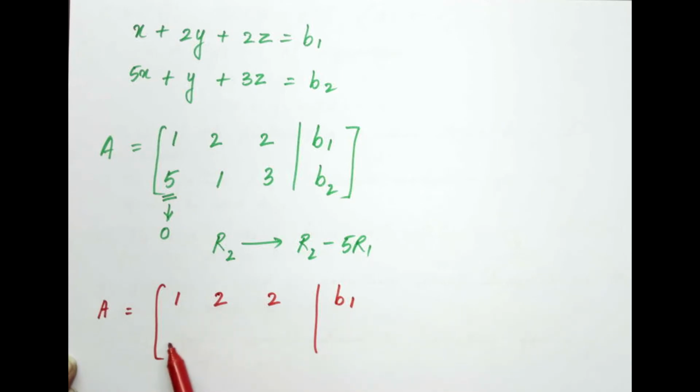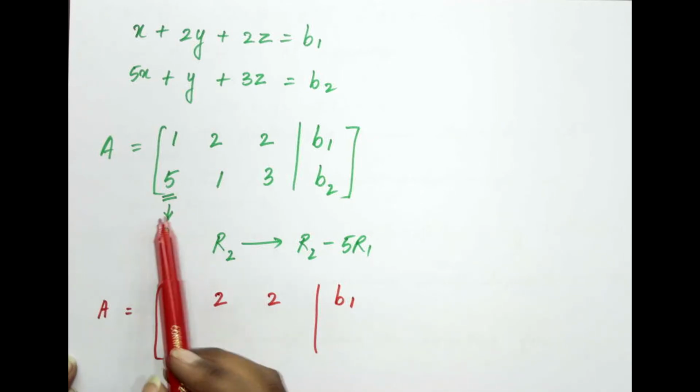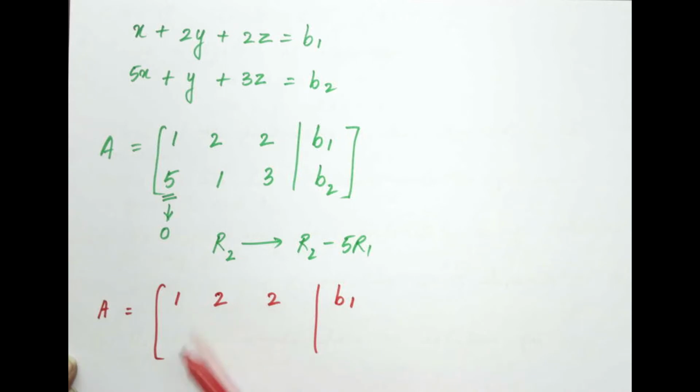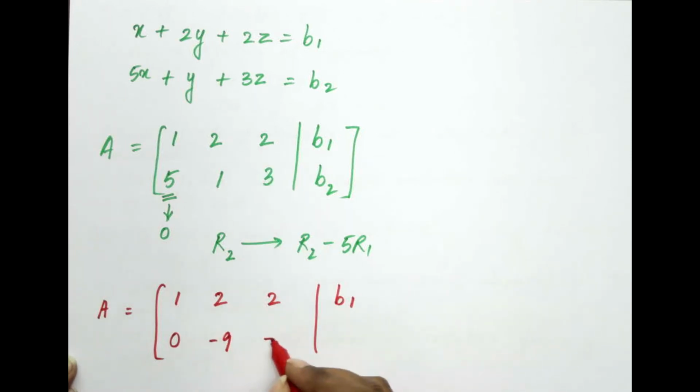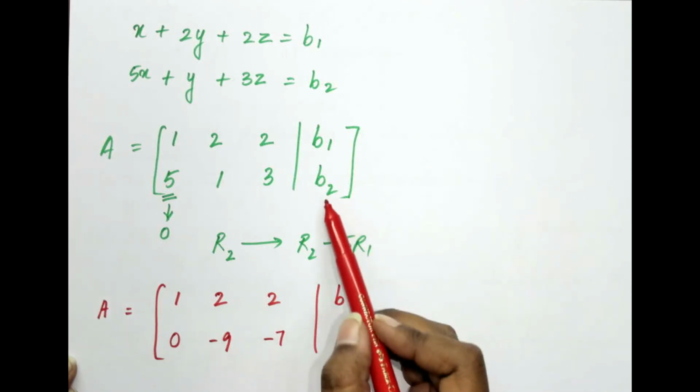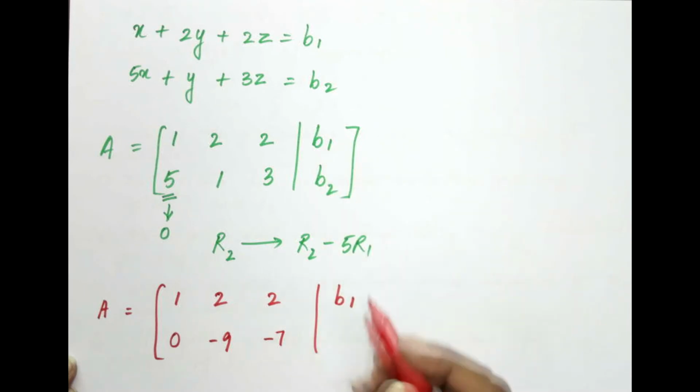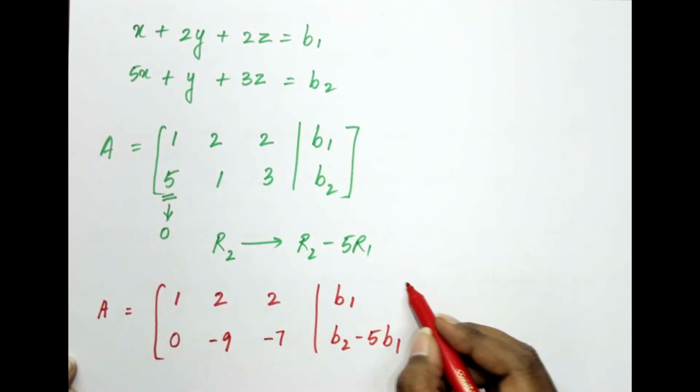Now let's see what happens to R2. 5 minus 5 into 1, that's 0. 1 minus 5 into 2, that's minus 9. 3 minus 5 times 2, that's minus 7. And for the final element, b2 minus 5 times b1, b2 minus 5b1.